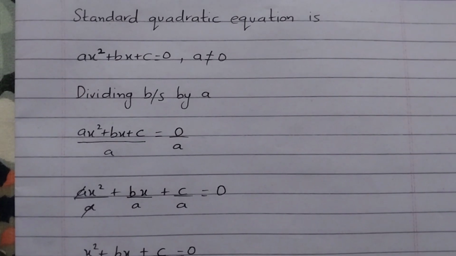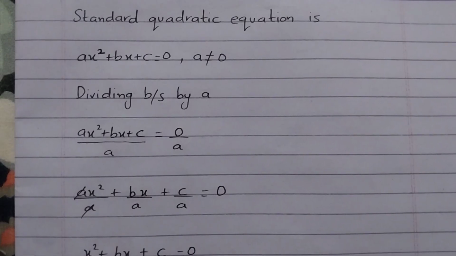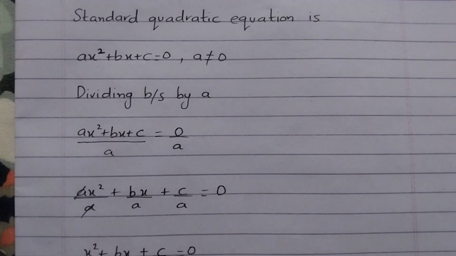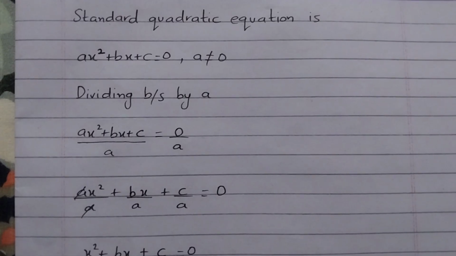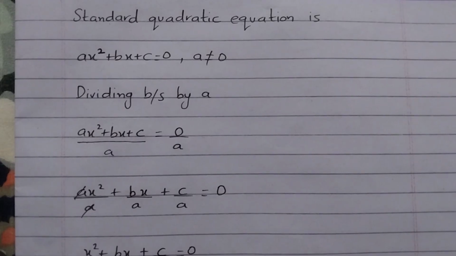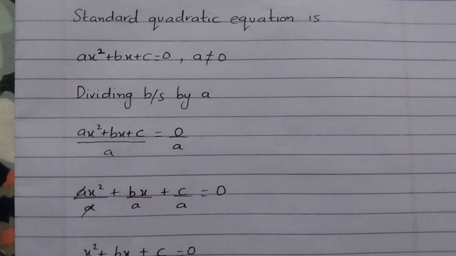So we are interested in the values of x which satisfy this equation. The method we are going to use to find that formula, which we call the quadratic formula, is completing the square, because we complete the square formula in that particular method.